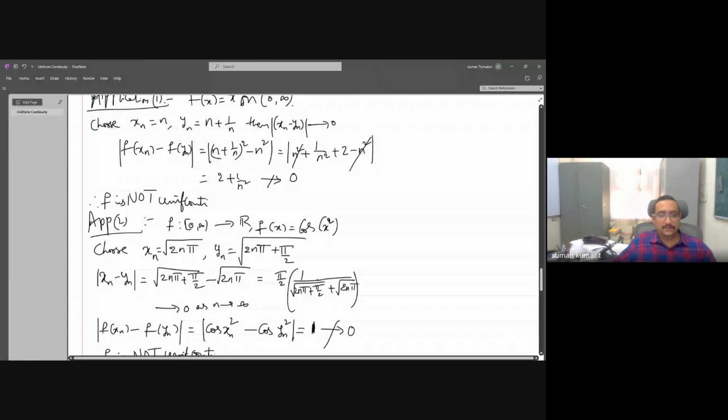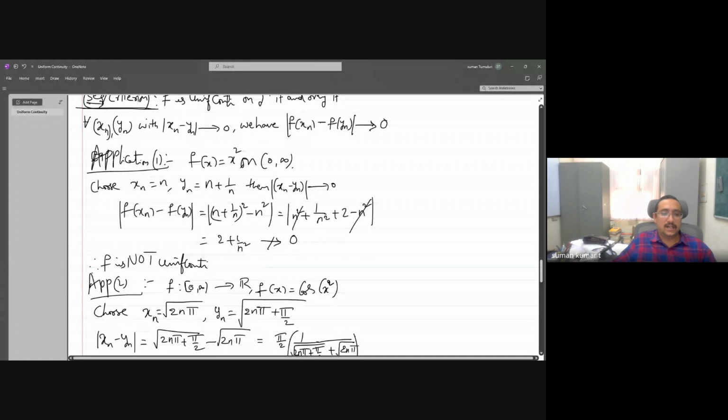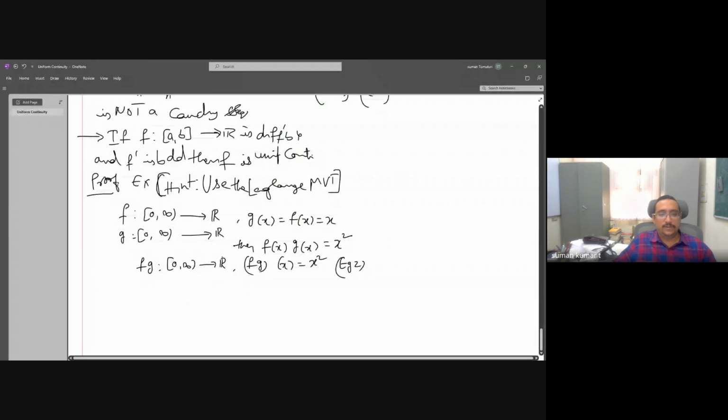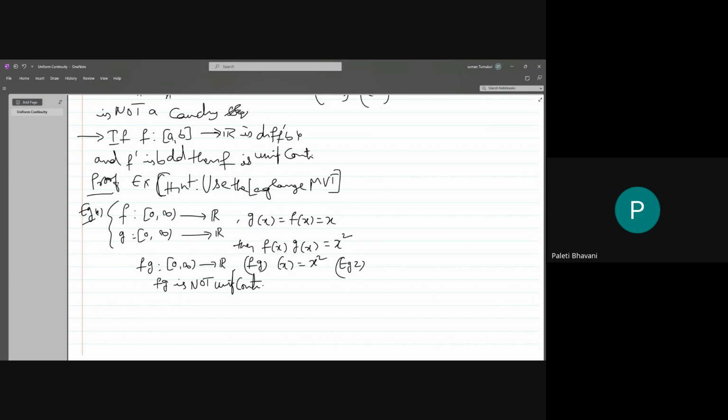F of x equal to x square is not uniformly continuous. So the product of these two functions is x square, and fg is not uniformly continuous. Does it answer your question? Okay, sir.